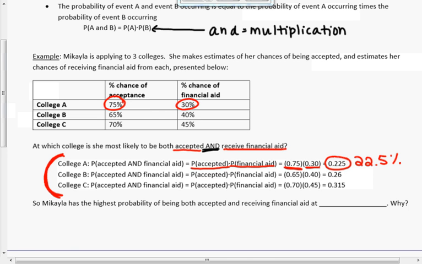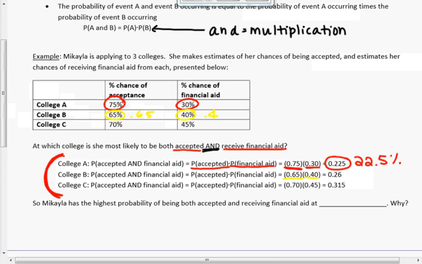You can see it continues on with college B, so let's switch colors. College B, 65% chance of acceptance, 40% chance of financial aid. Again, multiply the chance of acceptance, 65 turns into 0.65, 40 turns into 0.4.